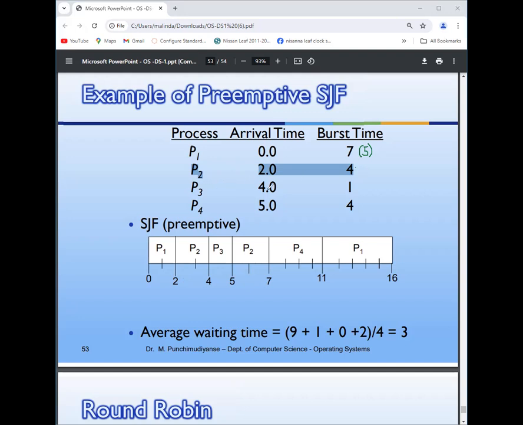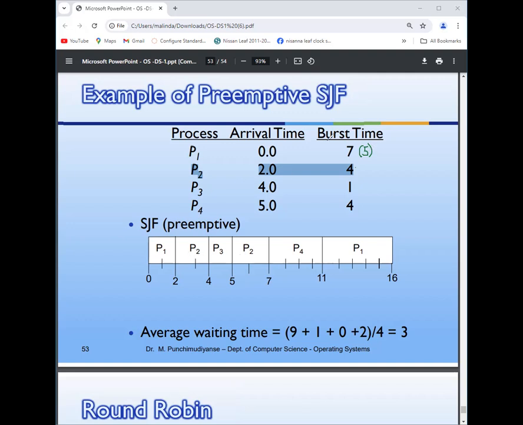Then at 4 milliseconds of time, P3 comes to the queue. So when P3 comes to the queue, we evaluate what the remaining times are. So when P3 comes, its burst time is 1. P1 has 5 milliseconds remaining.